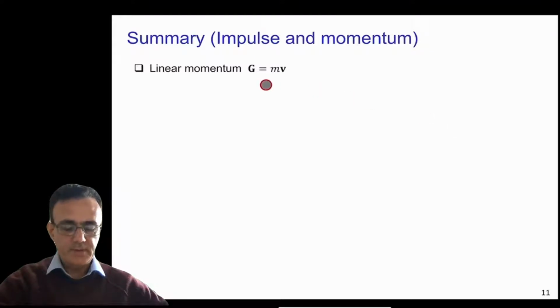We will just now summarize what we did in today's lecture. So today we discussed mainly impulse and momentum. We introduced this new term, which is the linear momentum, and we represent this by g. This is just the multiplication of mass and velocity.